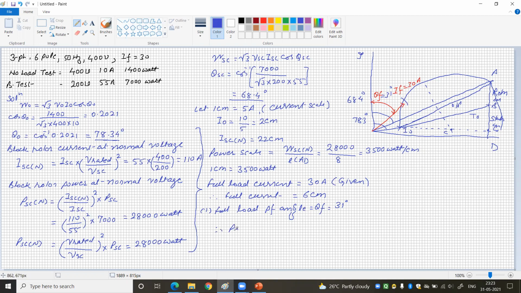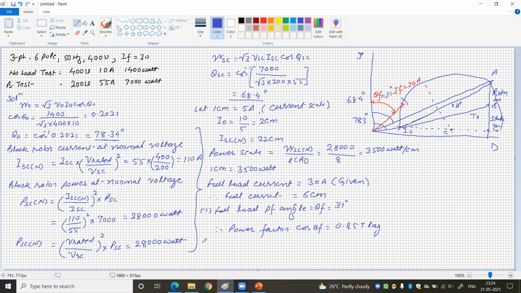Therefore, the full load power factor is cos theta f, which is 0.857 lagging.